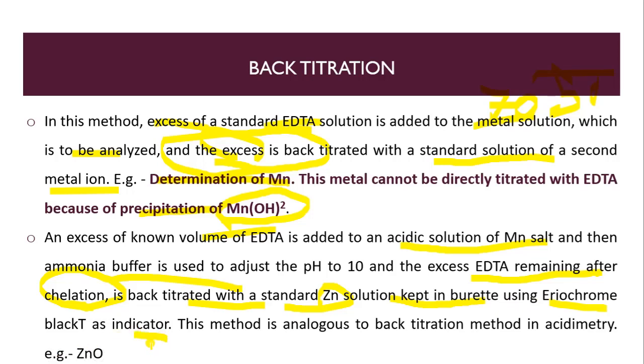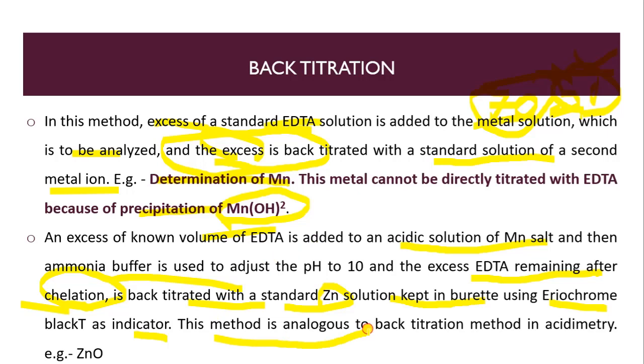Means we have used this 70% to make this complex, but now the 30% remains. So this 30% we have to titrate with zinc. From this, we will find the amount of manganese consumed.